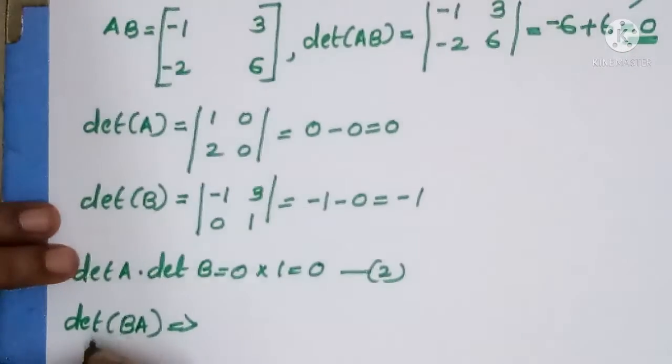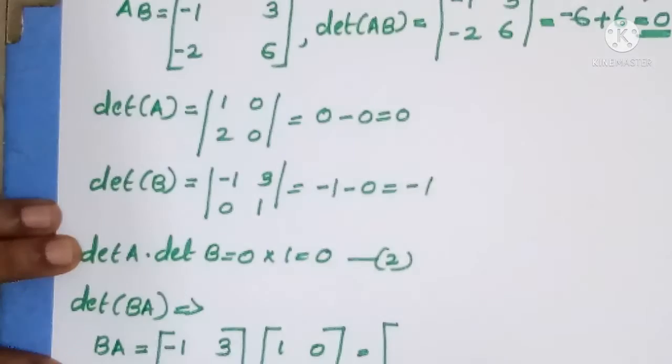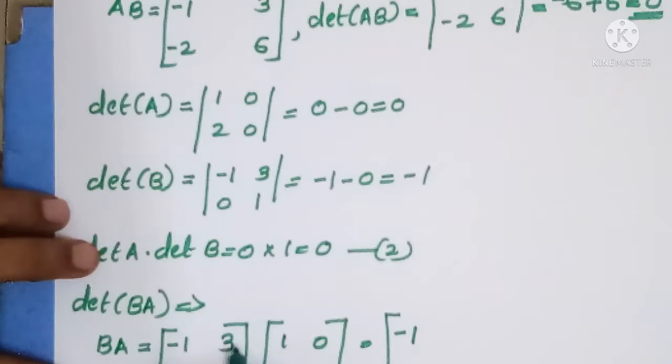For that, first we can find out what BA is. B becomes [-1 3; 0 1], A becomes [1 0; 2 0]. And multiply. Minus 1 into 1 becomes minus 1, 3 into 2 becomes 6, plus 6.